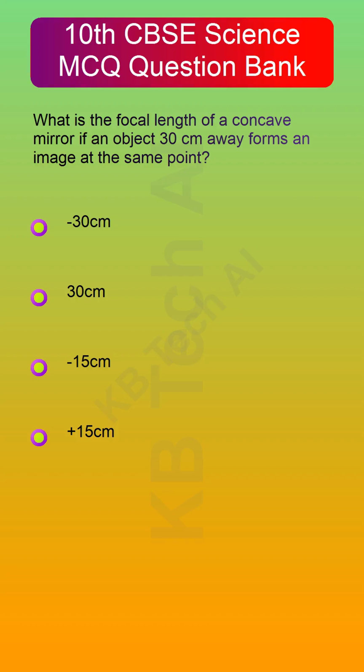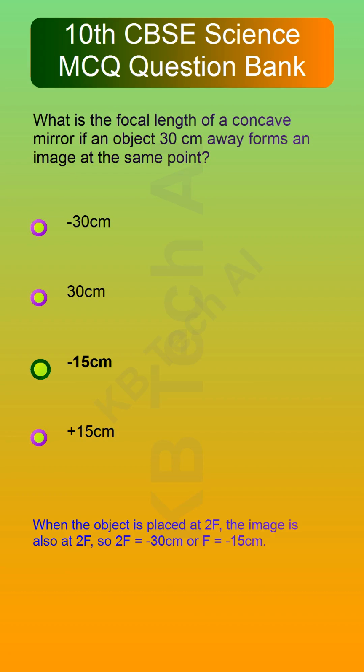What is the focal length of a concave mirror if an object 30 cm away forms an image at the same point? Option 1, -30 cm, Option 2, 30 cm, Option 3, -15 cm, Option 4, +15 cm. The answer is, Option 3, -15 cm.